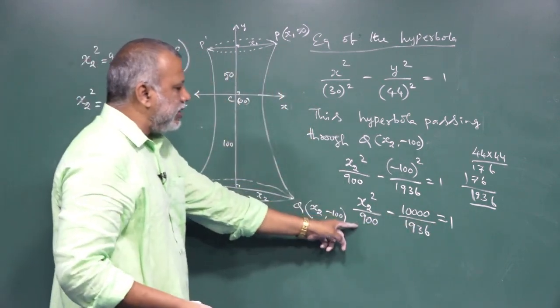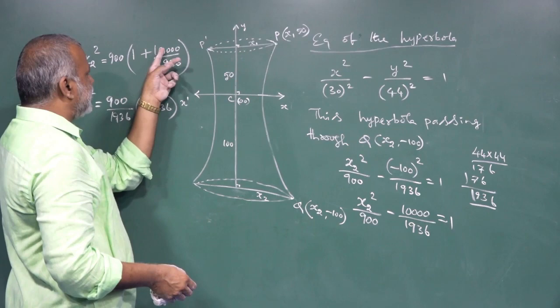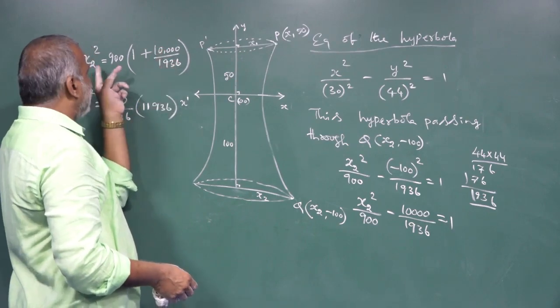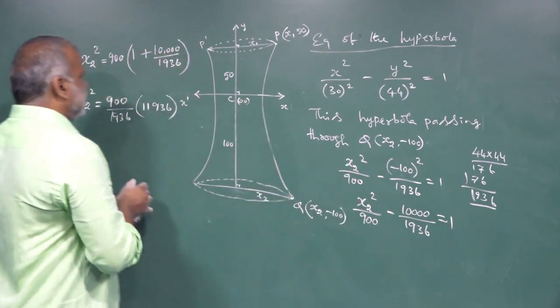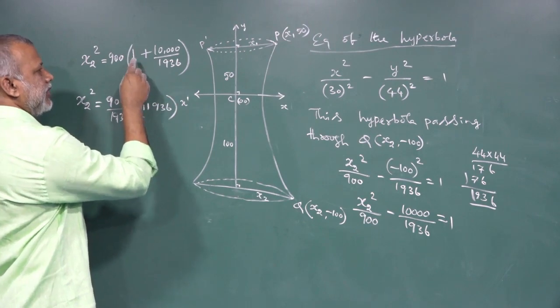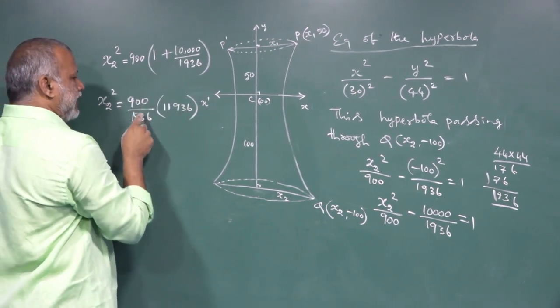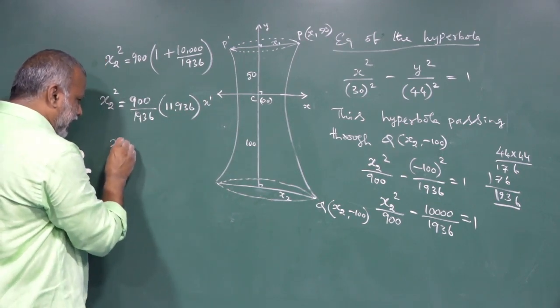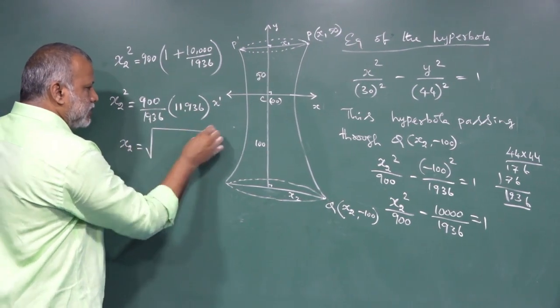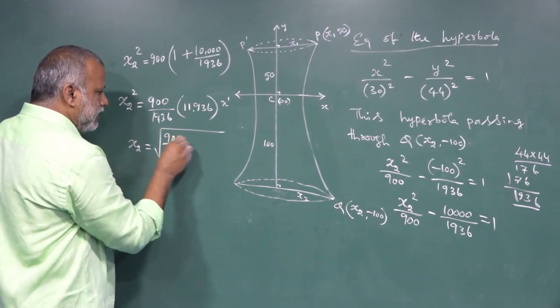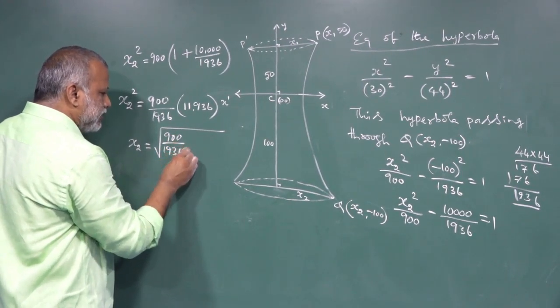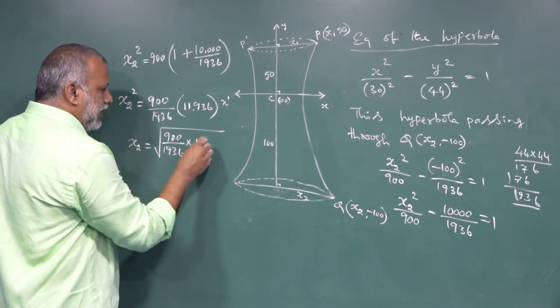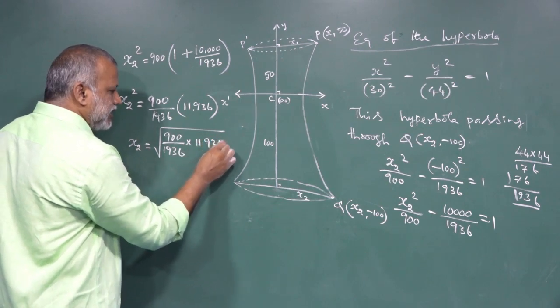So we are simplifying 1936, then taking to the other side. Therefore x2 squared divided by 900 is equal to 1 plus 10,000 divided by 1936. This 900 will be cross multiplied. Then we are simplifying, so 900 divided by 1936, 11,936. We need x2 equal to square root of 900 divided by 1936 multiplied by 11,936.